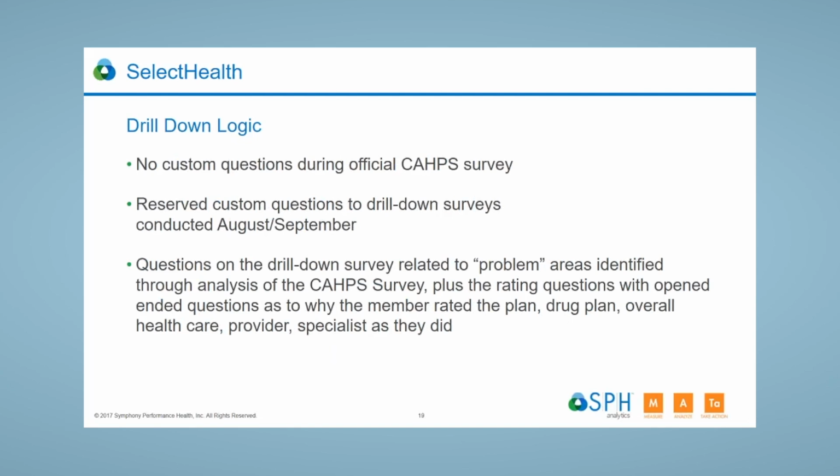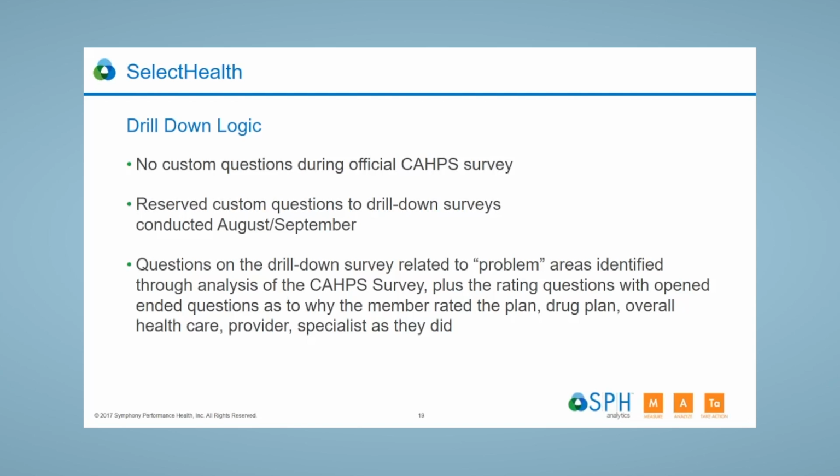We knew our scores were not where we wanted them to be, but we could guess at what we thought would be the reasons why people were not happy, but oftentimes we weren't exactly right, and we found ourselves trying to improve in areas that we were focusing on the wrong things. So we decided to move forward with drill down surveys. We've been using drill down surveys for several years now.